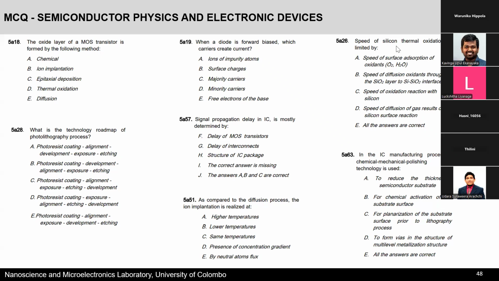The speed of silicon thermal oxidation is limited by the speed that the gas can actually diffuse through the silicon dioxide into the silicon surface, right? So the speed of diffusion of oxidants through the silicon dioxide layer to the silicon dioxide interface.